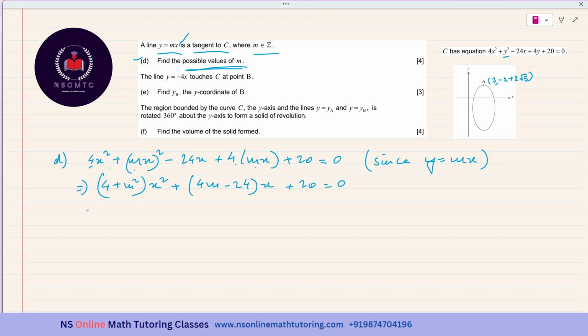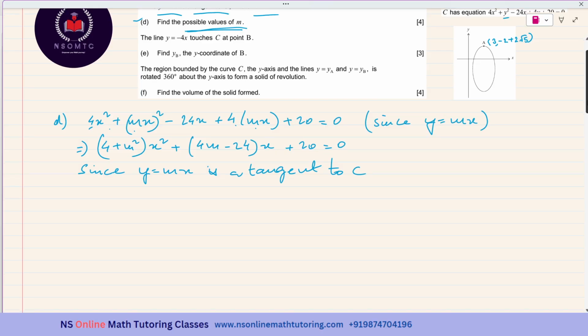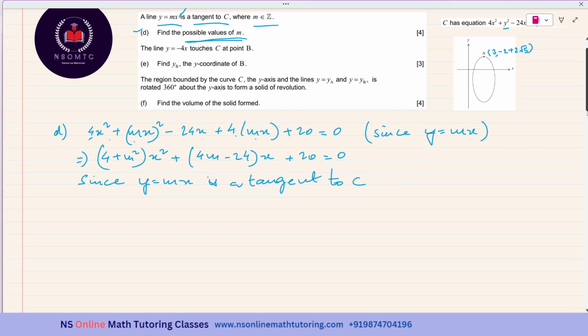equal to 0. And since y equal to mx is a tangent to C, therefore there will be a single meeting point. So there will be a single solution to this quadratic equation. Hence, the discriminant should be equal to 0. Okay.